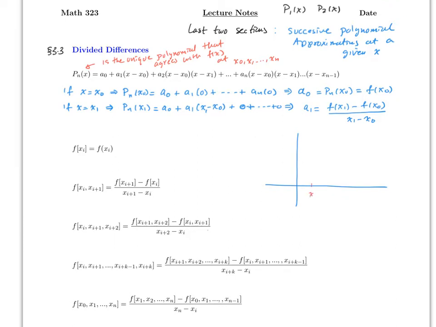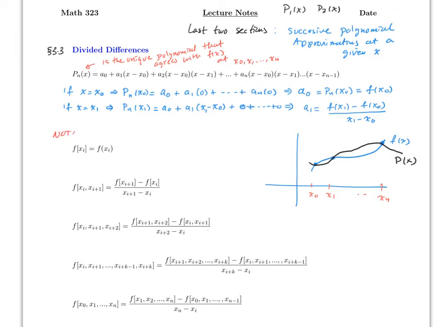So if you have x0, x1, all the way to xn, and if this is f of x, then at these points they will agree, but they're not necessarily the same function. So this will be p of x.